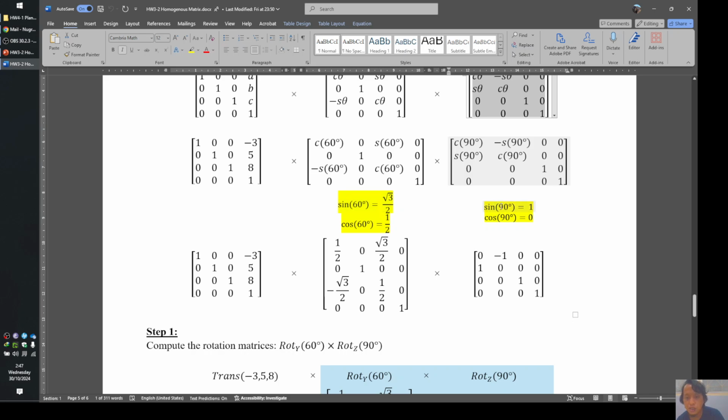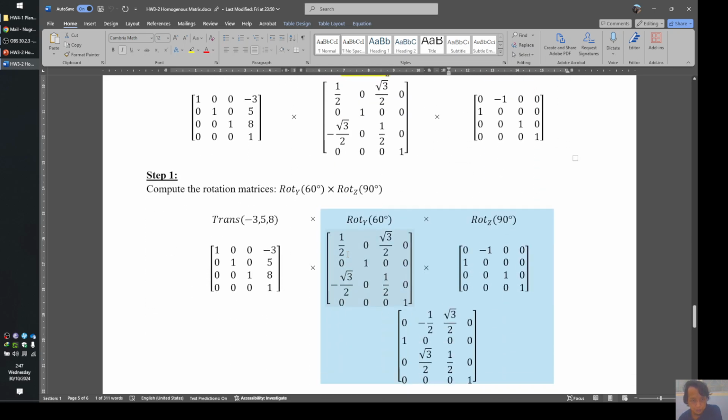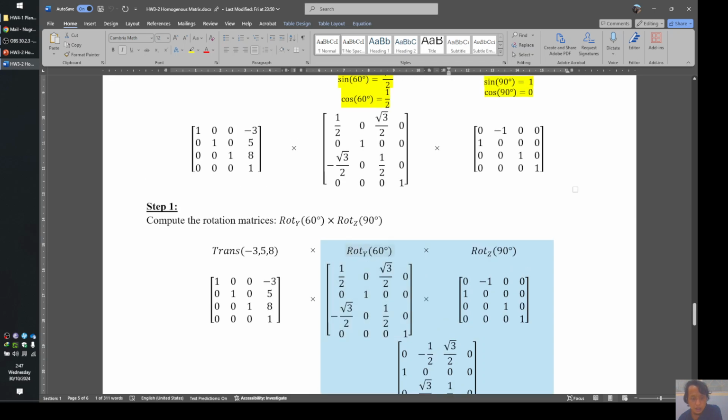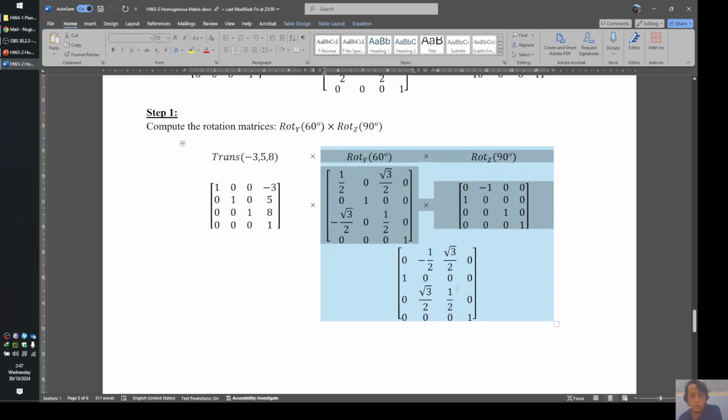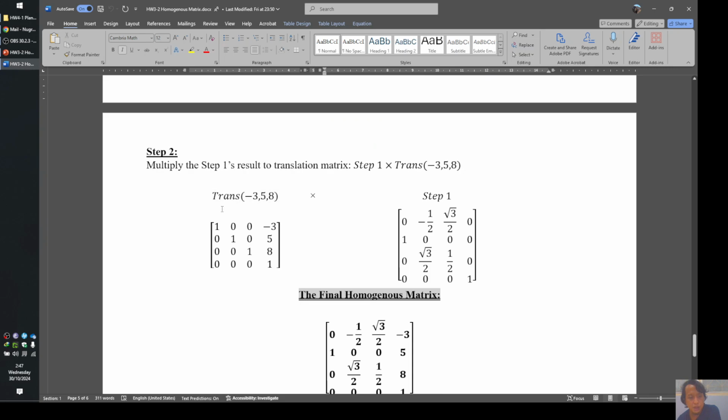So step 1 is we need to compute the rotations. First we multiply the rotation around the y-axis times the rotation about the z-axis, and we get this one.